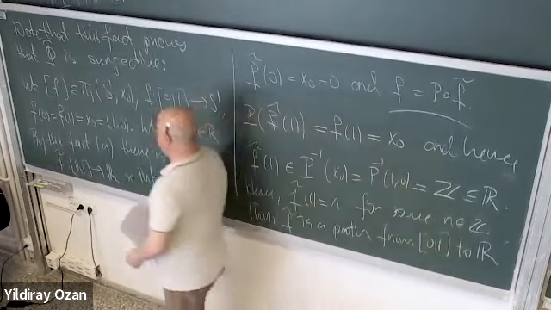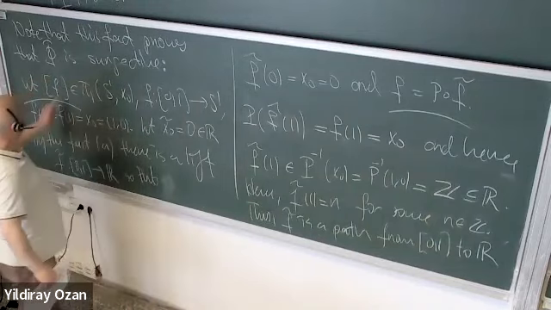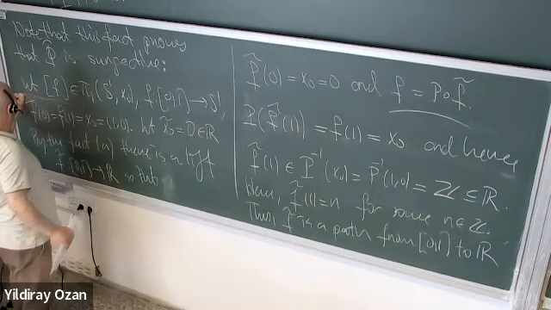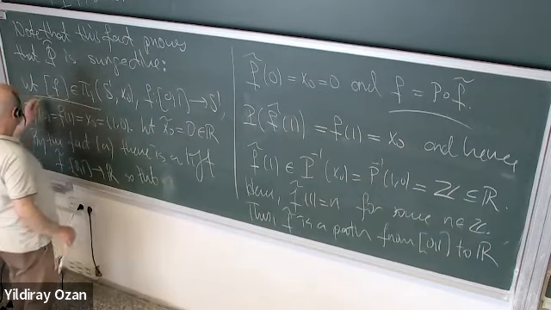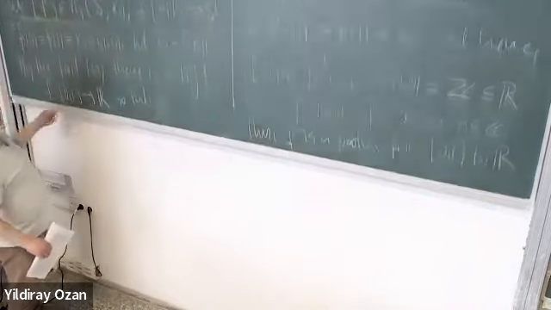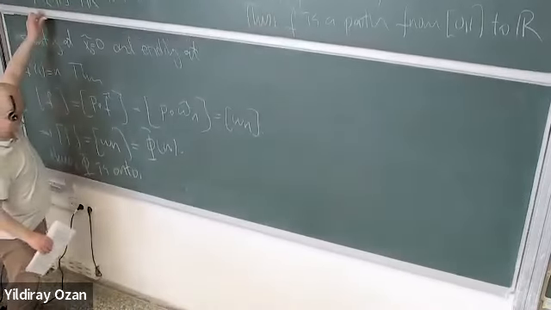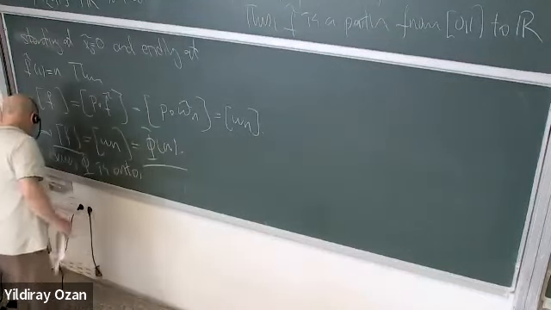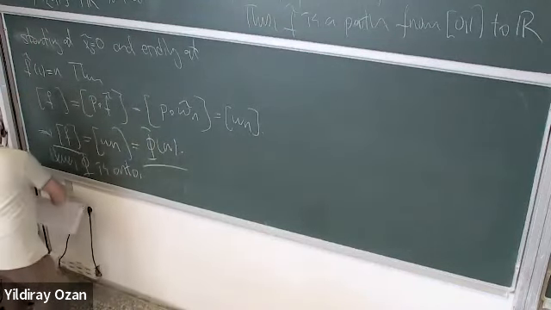Note that I started with some element in this group, and we showed that that's the image of some integer. Therefore, our map is onto.